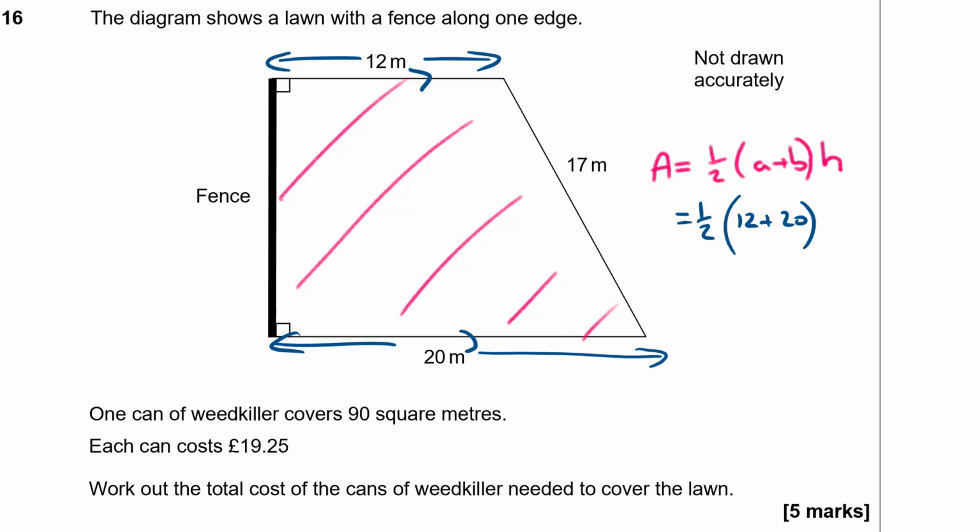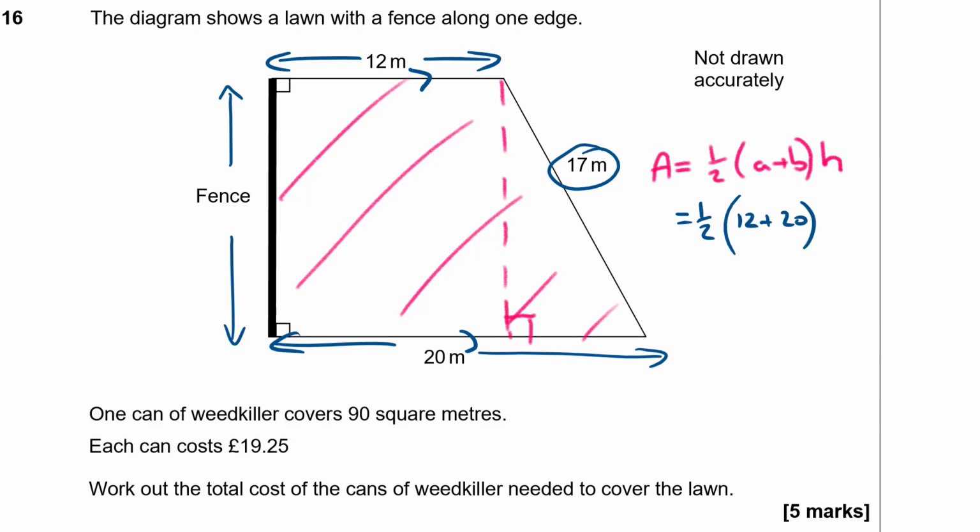Now h is the distance between your 2 parallel sides. We have a slight problem here in that we haven't been given that length. We've been given this slant height here. So we need to work out what the height is first. So let's add in another line down here, making a right angle triangle.